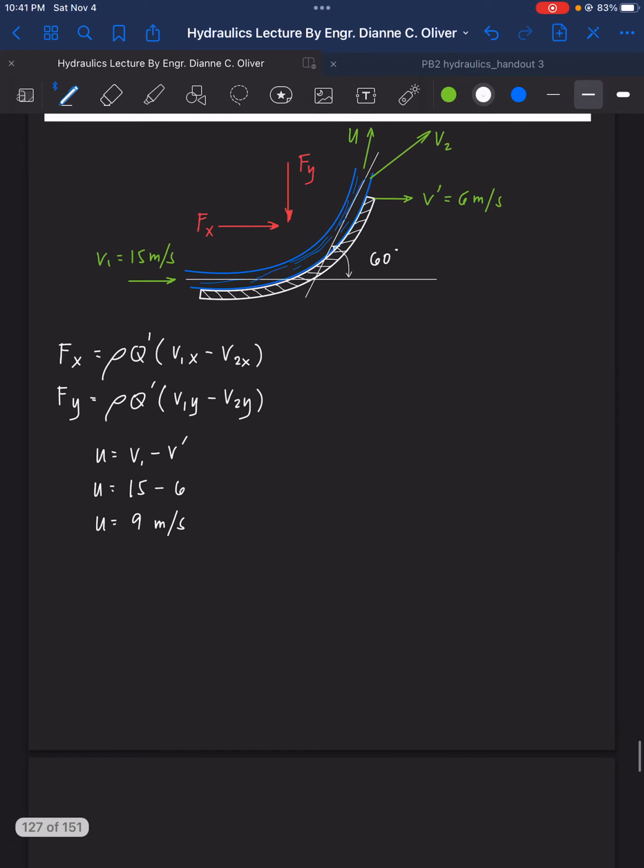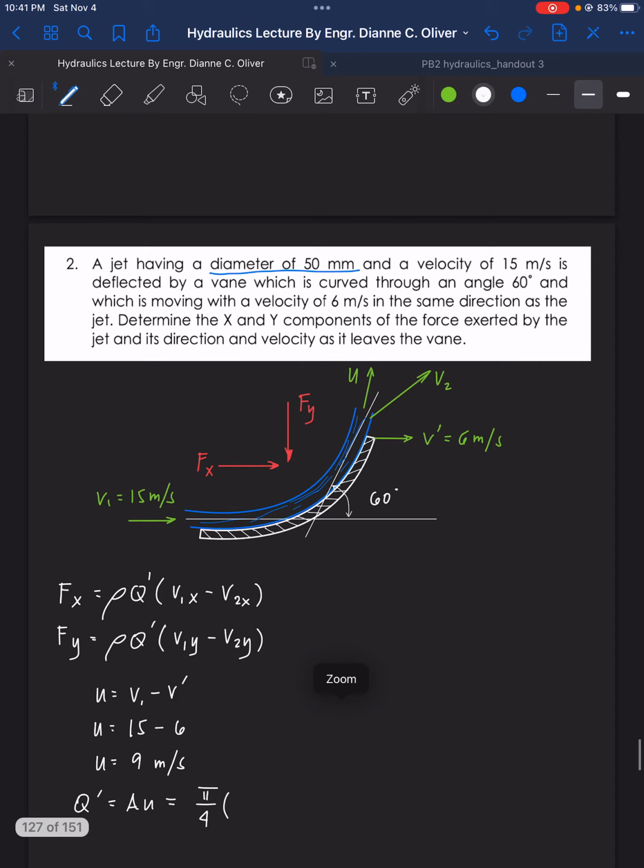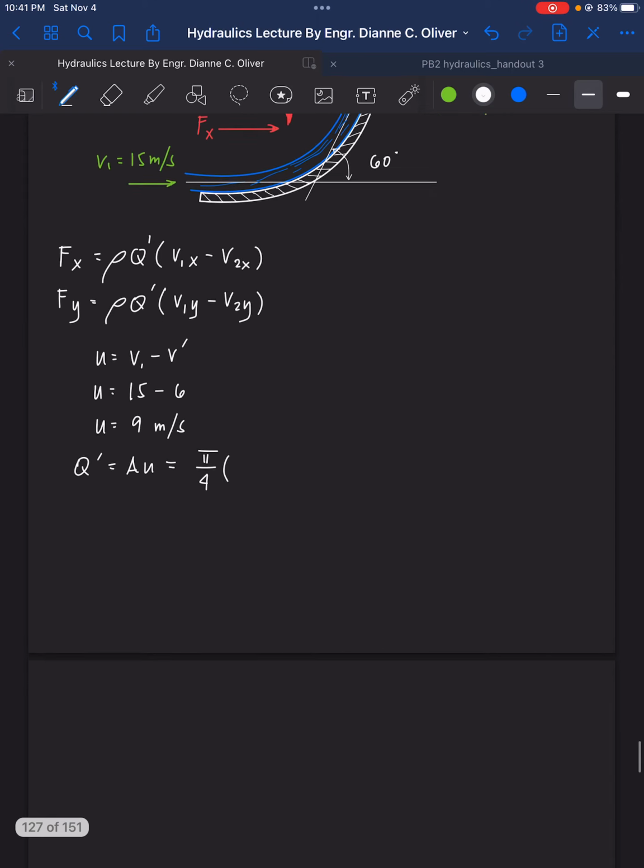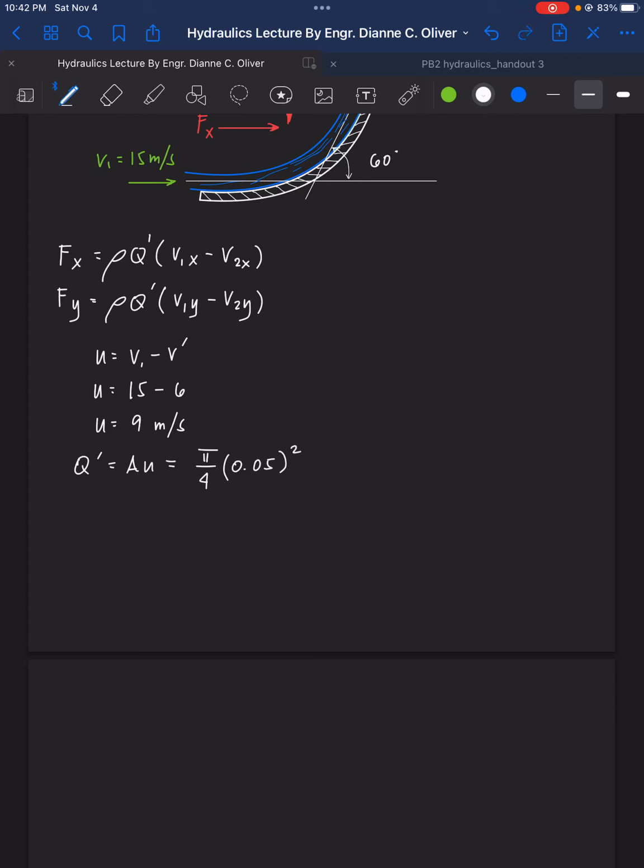Therefore, we can get now the value for Q prime. That is area times the U. That is equal to pi over 4, the actual area of the jet. So the jet having the diameter of 50 mm, so that is 0.05 squared.